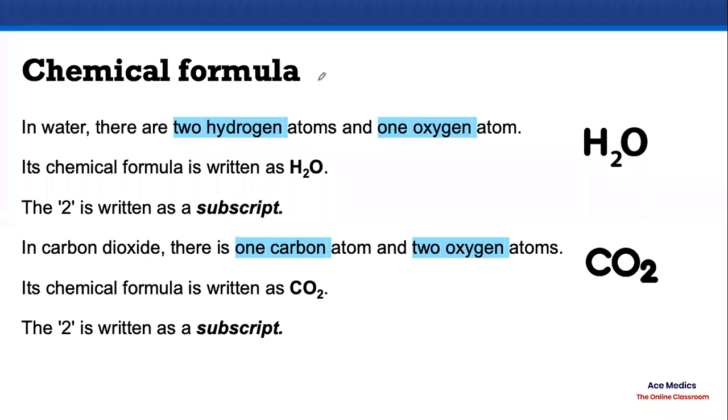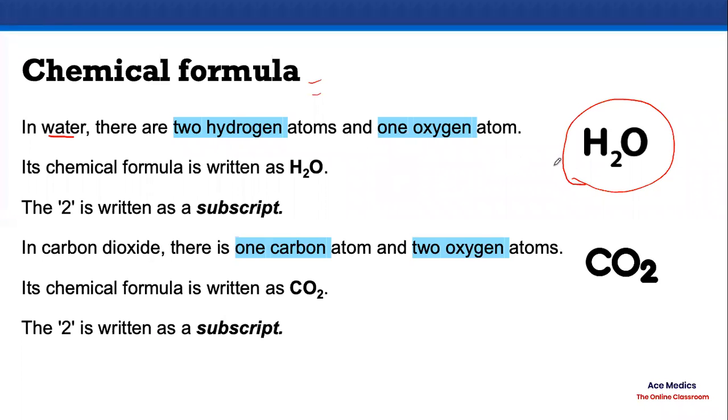So we already said that chemical formulas show you which atoms are making up that compound. So if you look here, H2O, who can tell me what that is? Again, maybe write your answers in the chat. What is H2O? Okay, so H2O is water.